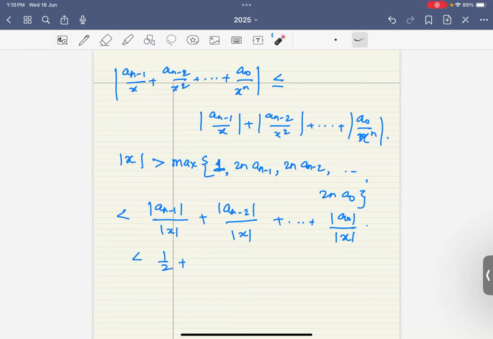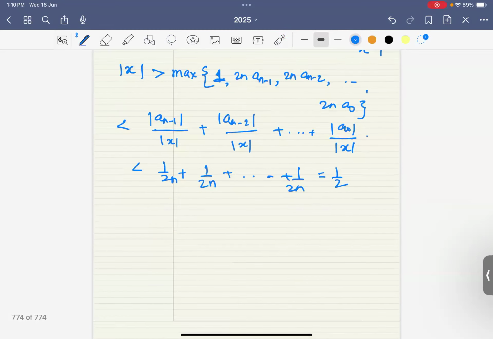Since mod of x is also greater than 2n times mod a_{n-2}, this number is also less than 1 by 2n, and so on all the way to 1 by 2n. How many 1 by 2n's are we dealing with? The indices begin with 0 and go up to n minus 1, so there are n of them. If there are n terms of 1 by 2n, they all add up to 1 by 2.